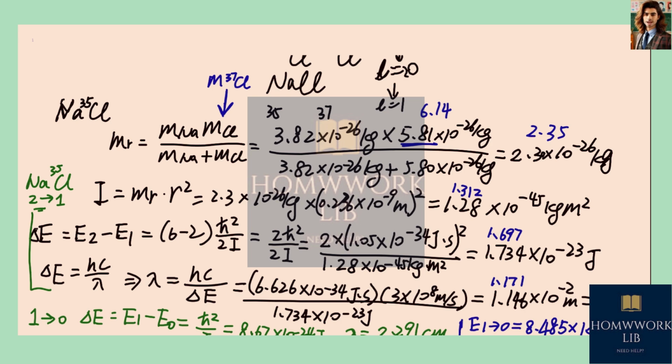Again, it's half of the previous section when it goes from 2 to 1, and the corresponding lambda is 2.341 centimeter. And as well, it's pretty much twice the previous wavelength.